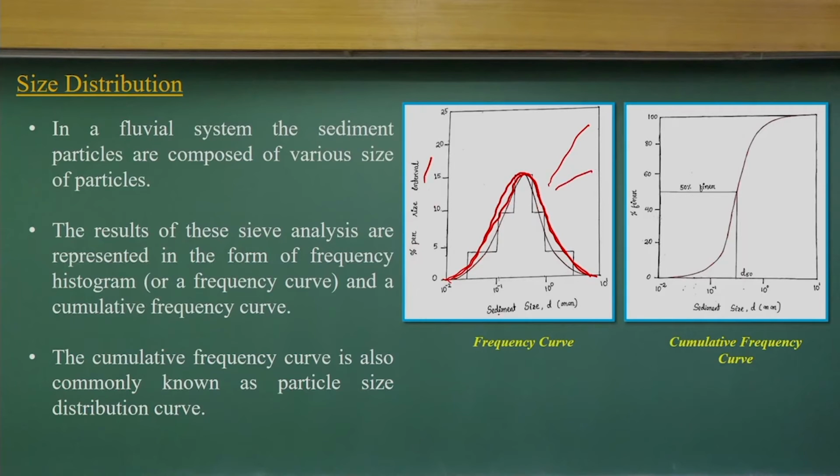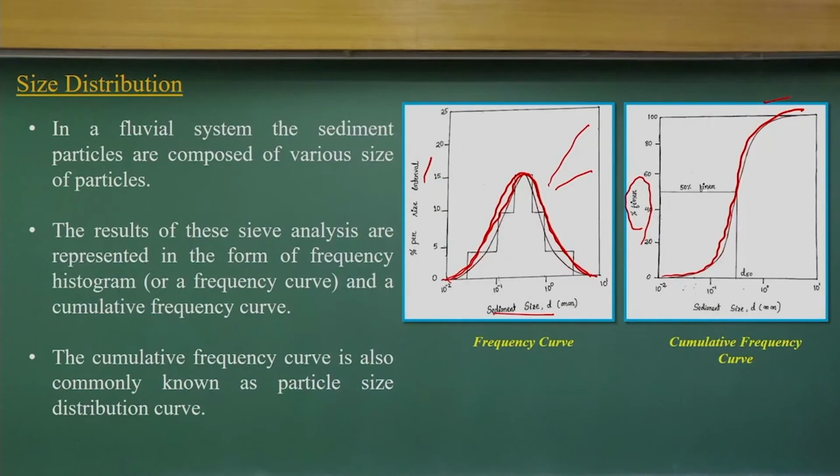This is the percentage of size in the sediment size. But if you make it a percentage finer, you will have a cumulative distribution curve, which is used so often in statistical analysis: the normal distribution curve as the probability density function and the cumulative distribution curve as the cumulative distribution function. If you look at these distributions, many populations follow a certain distribution, the normal distribution curve, and its cumulative.